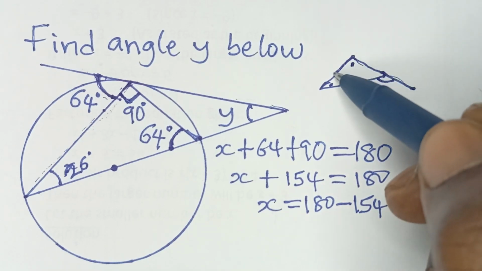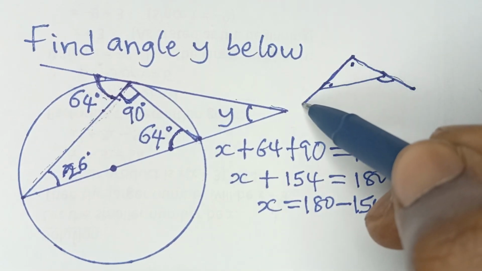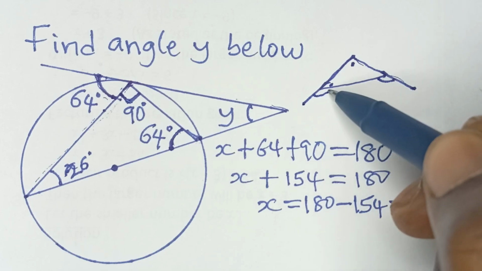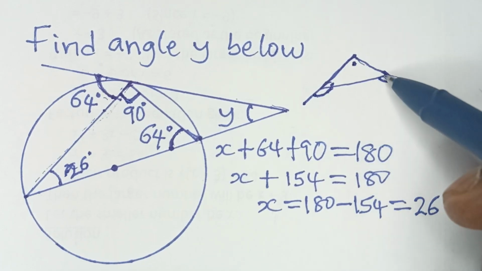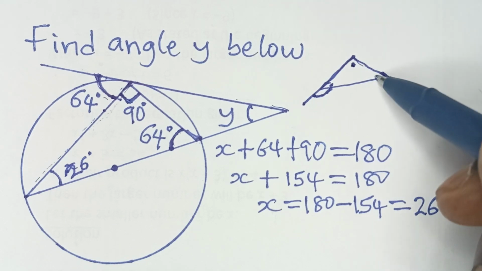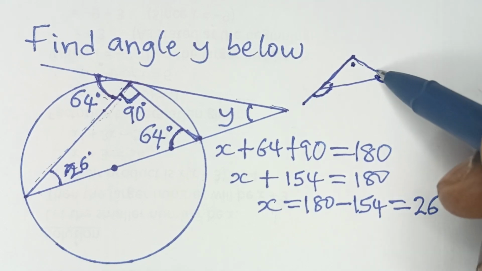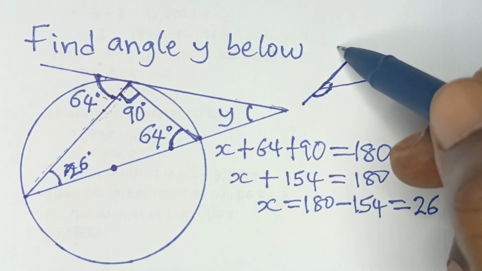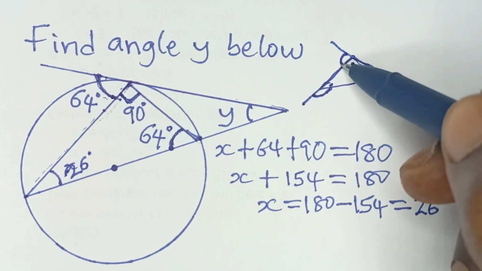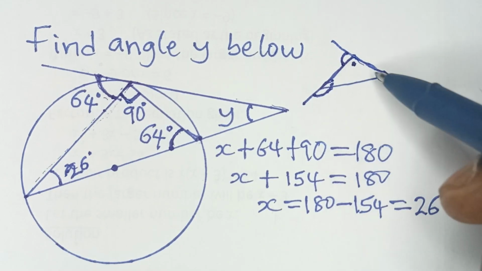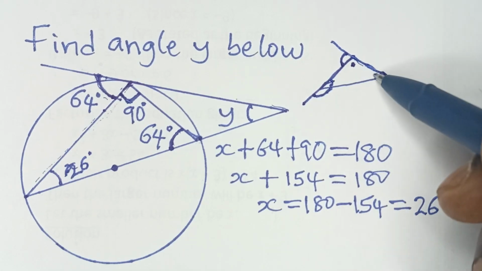Similarly, if you trace this line continuously to form another exterior angle, let's say this exterior angle, then this exterior angle will be equal to the sum of the two opposite interior angles. Similarly, if you trace this line to form an exterior angle, let's say this exterior angle, this exterior angle will be equal to the sum of the two opposite interior angles. So don't forget that important theorem.